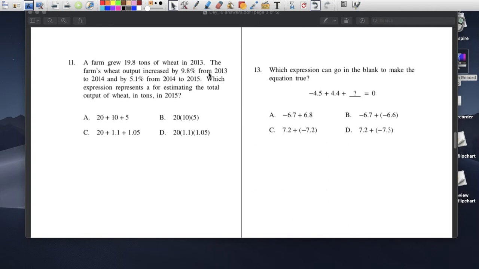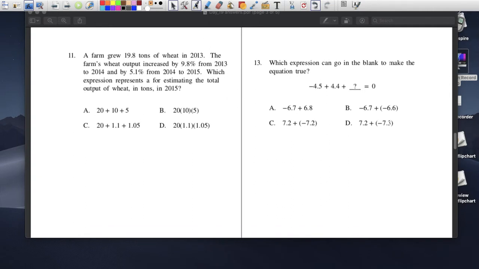Okay, 11. All right, so this looks like a percent of change. In 2013, we had 19.8 tons. The farm's wheat output increased by 9.8% from 2013. Okay, so from this, it grows by 9.8%.